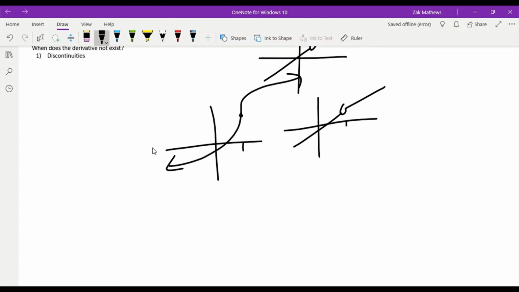A vertical slope is undefined, and therefore that would not have a derivative. Or another way we can say that, it would be a vertical tangent line. So I'll put that in parentheses.